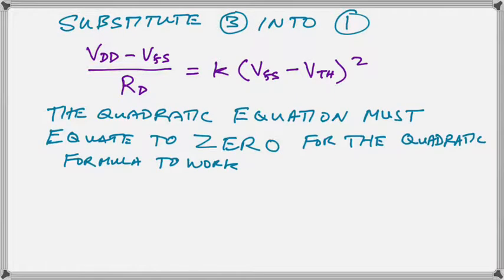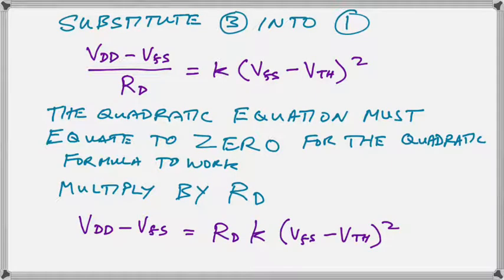The next step is to make the left side equal to 0, because the quadratic equation must equate to 0 for the formula to work properly. So in order to do that, we're going to have to move RD, VDD, and the minus VGS over to the right side of the equal sign.